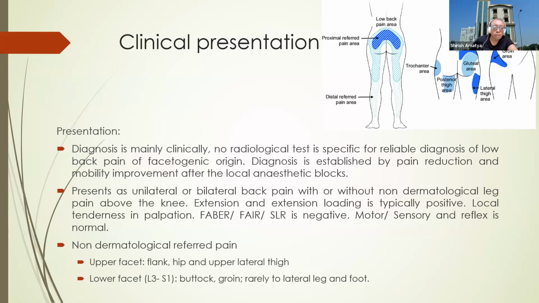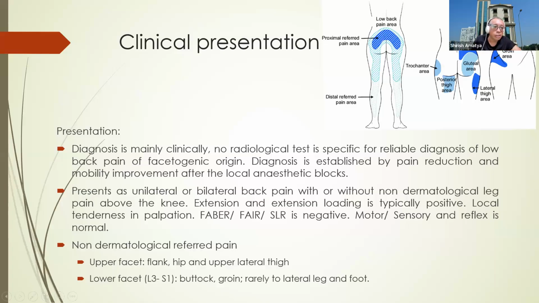Rarely, the radiation of pain can go below the knee up to the foot. Normally, the extension and extension loading test is positive. If you palpate the back, paramedian tenderness over the affected facet will be present. The special tests such as FABER, FAIR, and straight leg raising test will be negative, and motor, sensory, and reflexes of the patient will usually be preserved in these conditions.